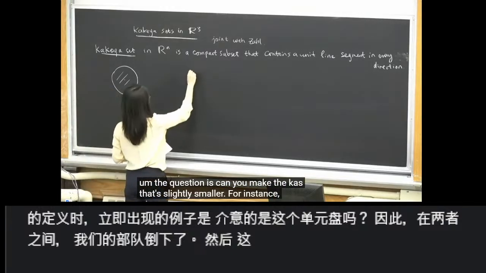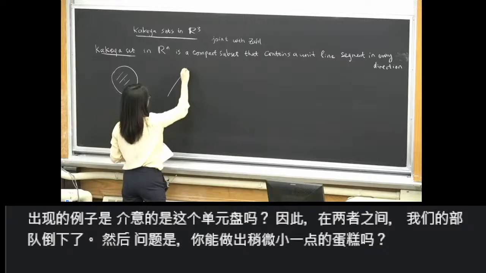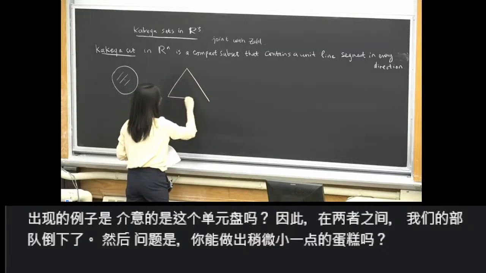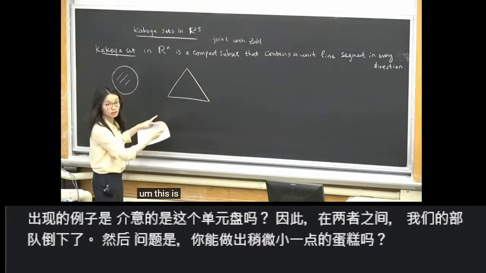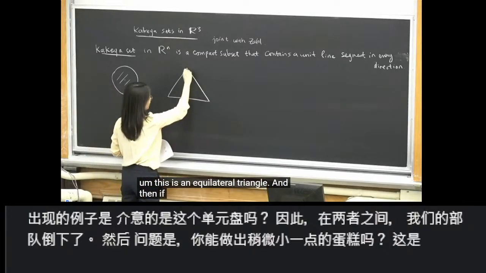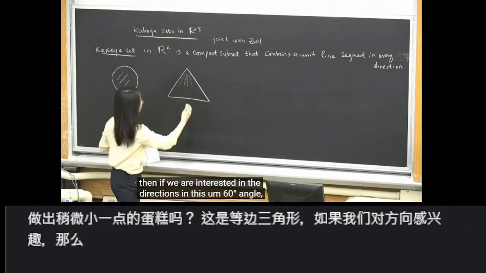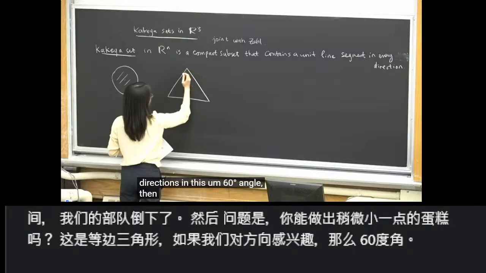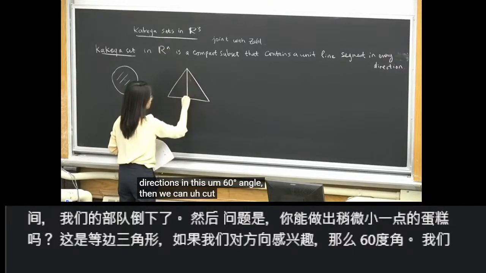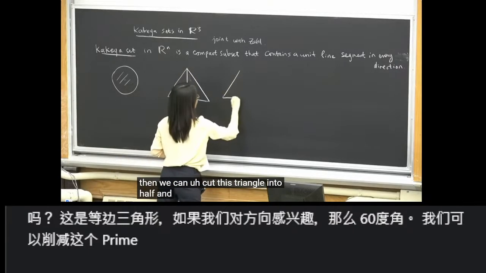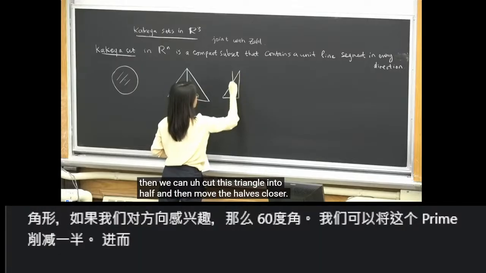For instance, this is an equilateral triangle, and if we are interested in the directions in this 60-degree angle, then we can cut this triangle in half and then move the halves closer.